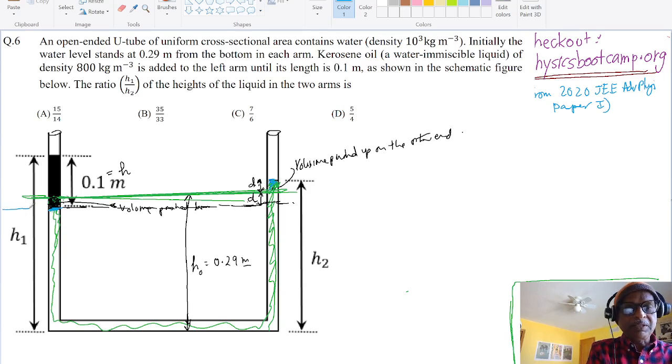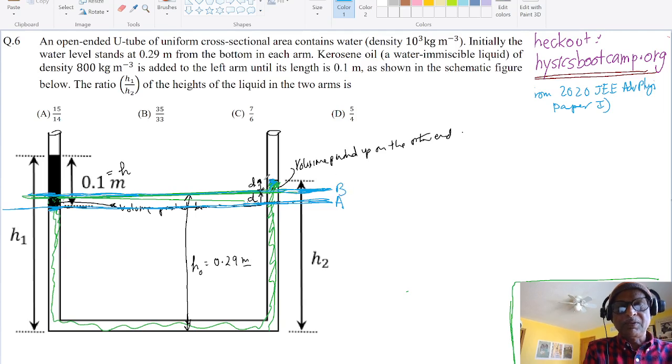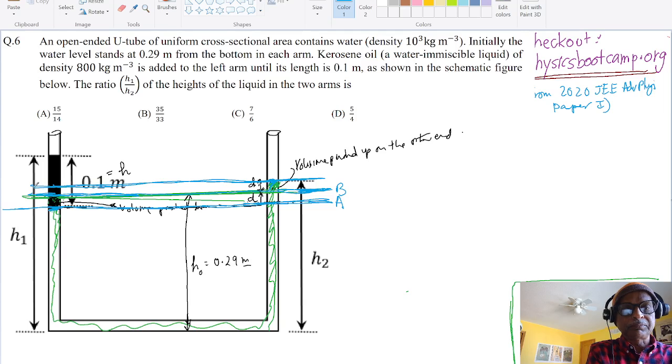So if I look at the lowest level of that fluid, let's call that A, and this middle level B. On this side I'm going to call it B prime, and this side A, and this A prime.